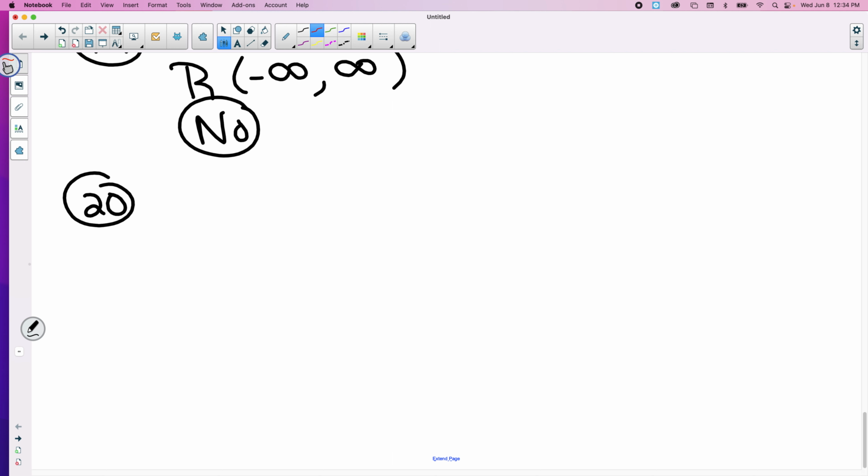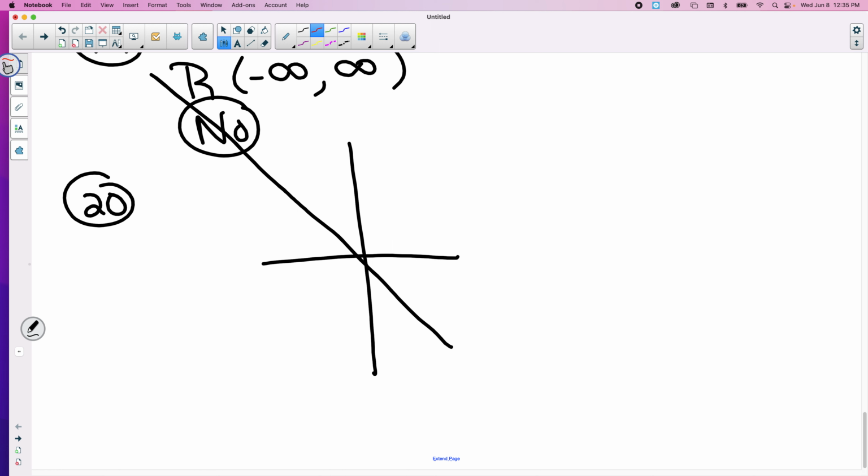No. Why can't I tell? Because of the arrows. So this line is going to continue on for I don't know how long in that direction, and continue on in that direction. Even though it's going up and down, it's also moving left and right. So the domain is going to be negative infinity to infinity.